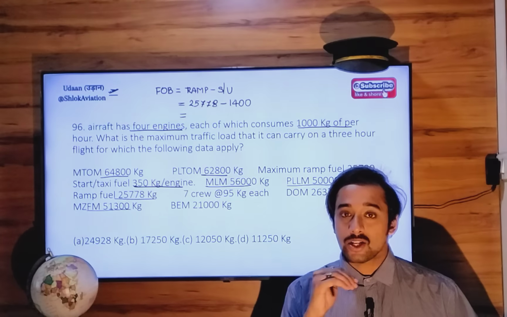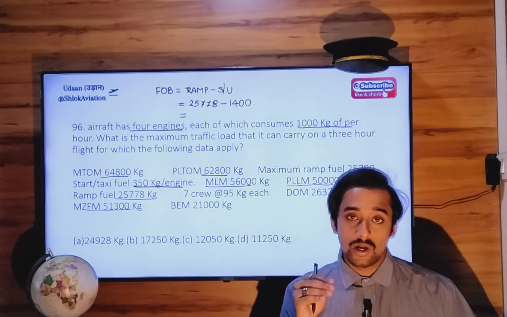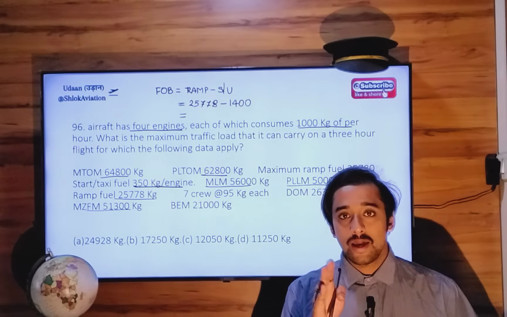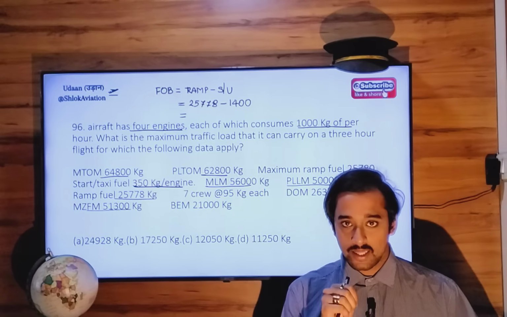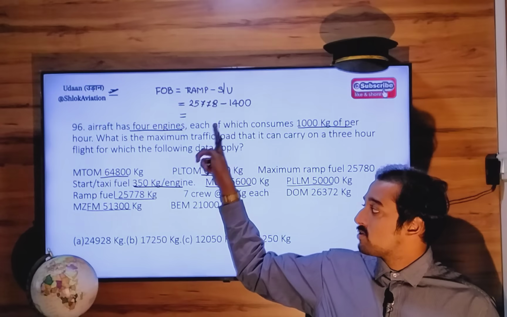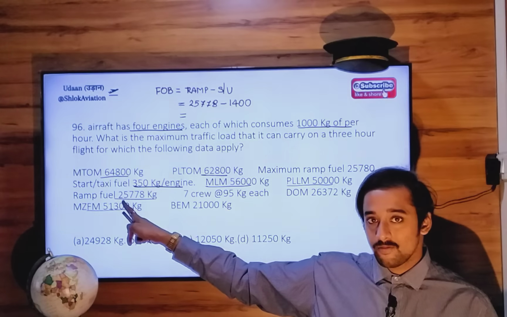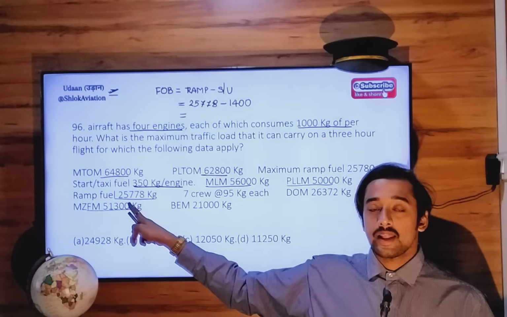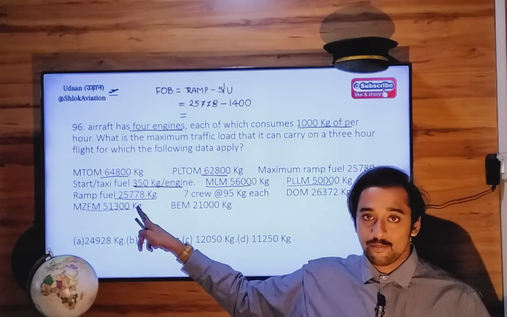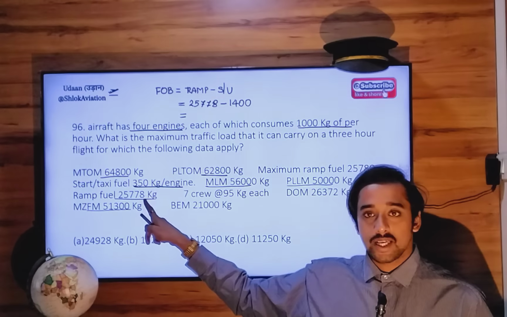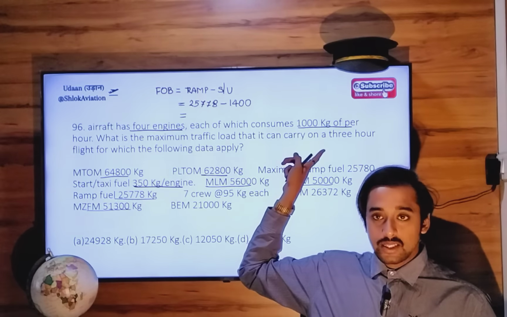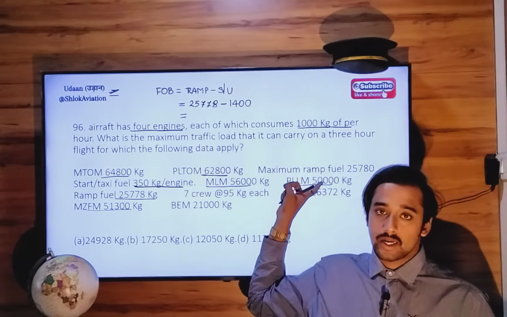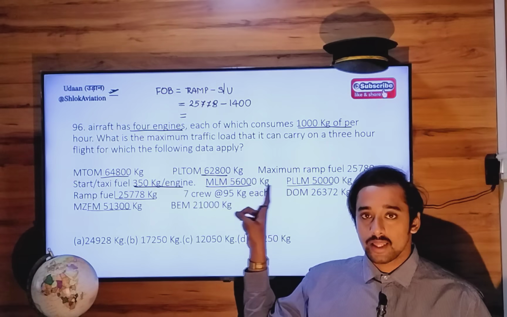The actual fuel that you are filling in the fuel tanks when your aircraft is on the ramp may be equal to that or maybe less than that. So doing this calculation, you will select the actual ramp fuel, the fuel actually in aircraft fuel tanks when it is on the ramp, which is 25,778. Don't select the maximum; it is merely a limit. So don't get confused between them.